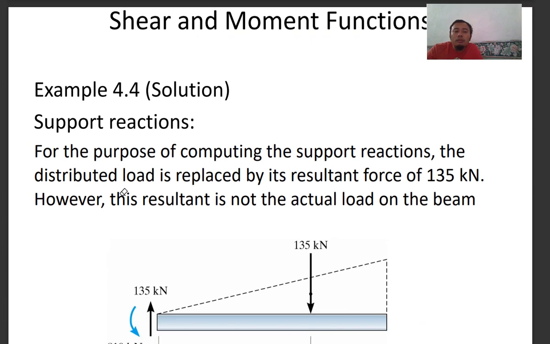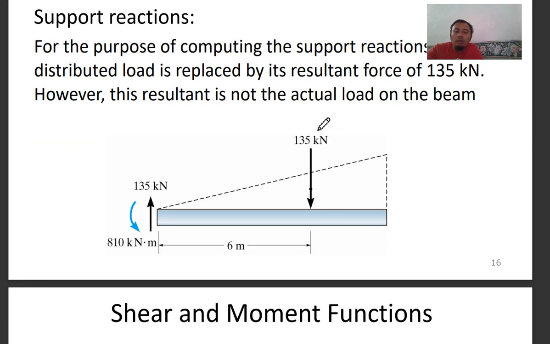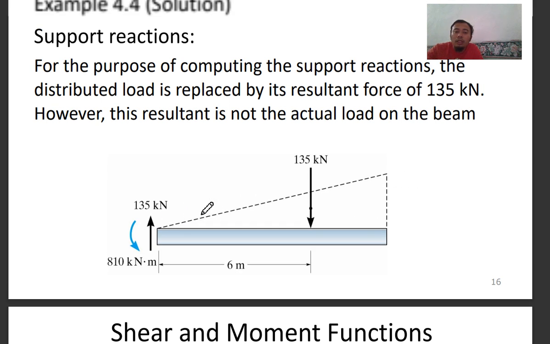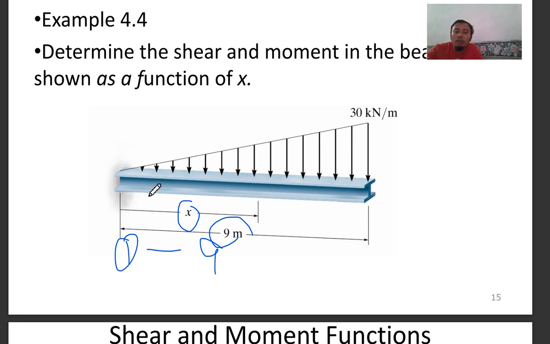So the solution: for the purpose of computing the support reactions, the distributed load is replaced by its resultant force of 135 kN. However, this resultant is not the actual load on the beam. So this is the law for a triangular distributed load. Basically, it is like calculating the area of a triangle, 1 over 2 times 30 times 9.